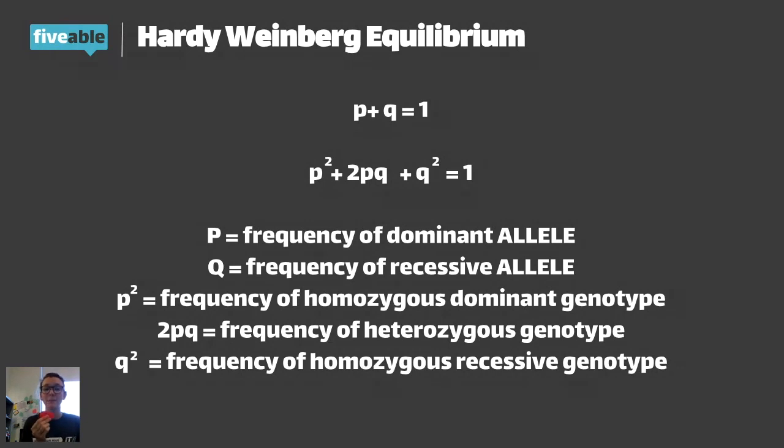So from my example in the beginning, if I told you the number of flies that have white eyes, the recessive phenotype, that frequency would be the same as the frequency of Q squared, which is something that makes the recessive phenotype different from the dominant phenotype. This is going to make a lot more sense once we start practicing, I promise, and when I show you this next picture.